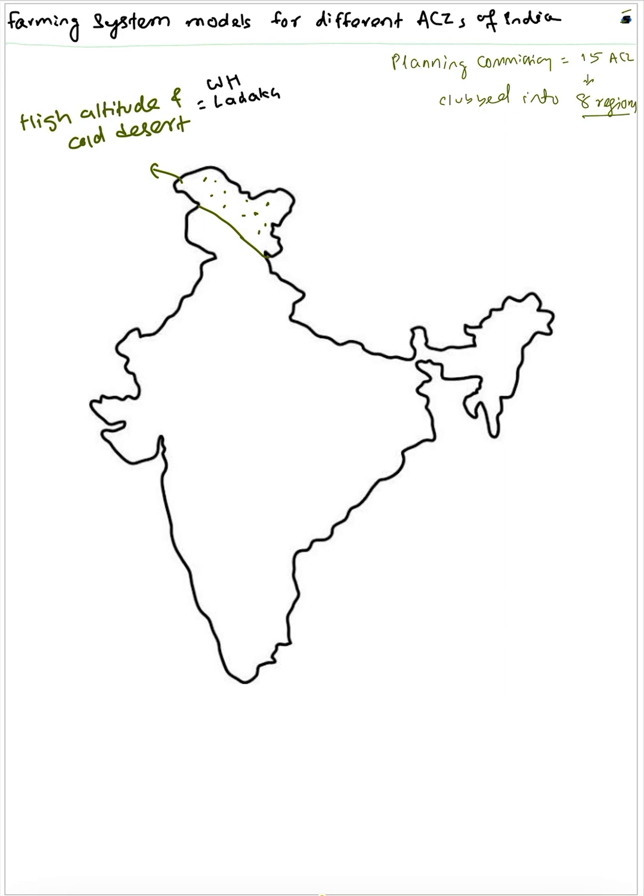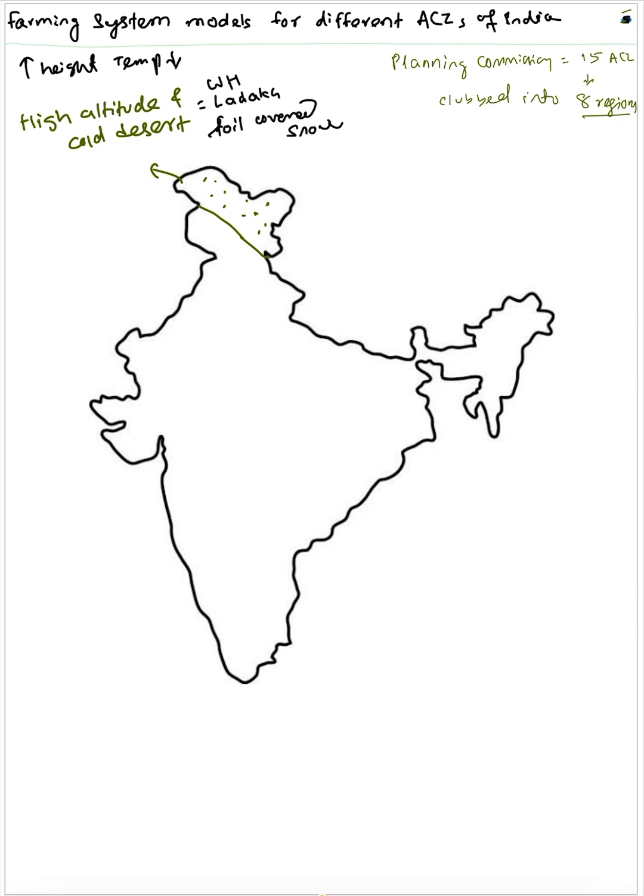As you know, these are high altitudes, and with an increase in height the temperature will decrease. So as we go on increasing in height, the temperature will decrease. Hence in this Ladakh area or the western Himalayan part, snowfall is the major factor, and the major part of the soil is fully covered with snow.